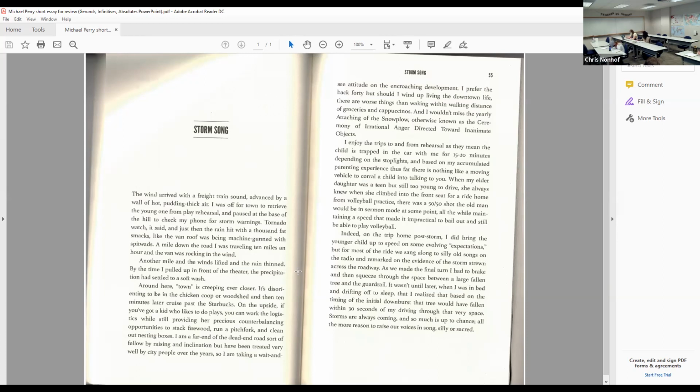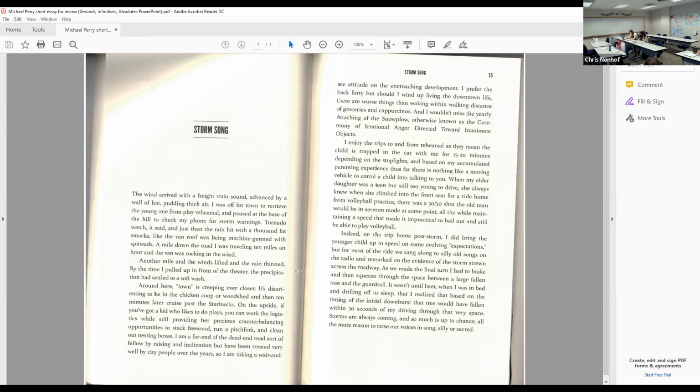It starts on the 5th line. "When my elder daughter was a teen but still too young to drive, she always knew." Pause there for a second. That's a complex sentence. "She always knew." If there was a period there, that would kind of make sense. We're obviously missing something, right?